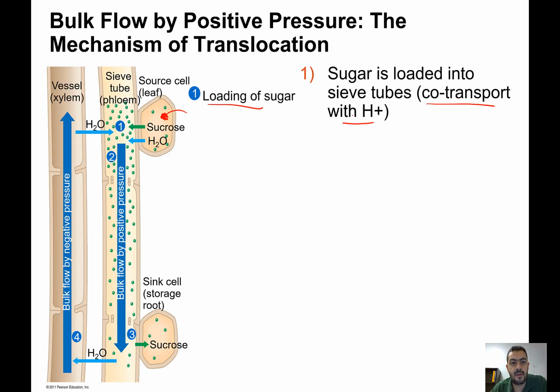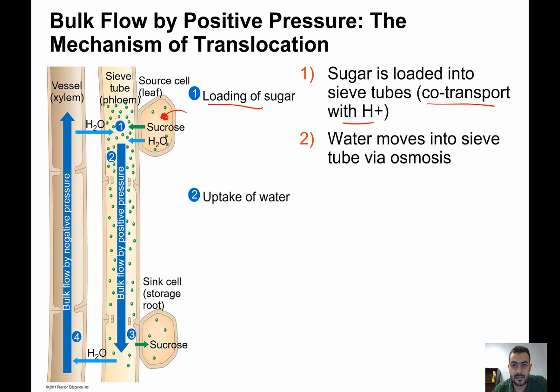This movement can happen through the two pathways which we have already mentioned, the symplast and the apoplast. Okay, now the sieve-tube element is being loaded with sucrose.